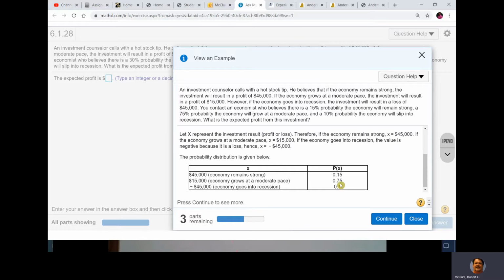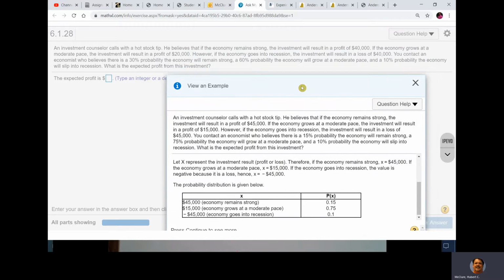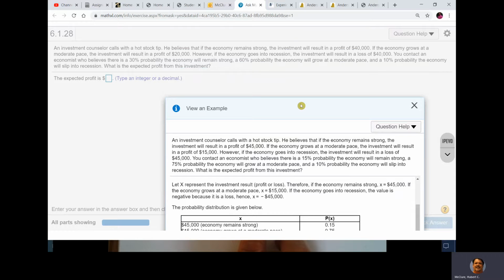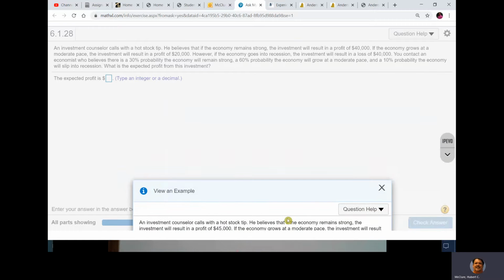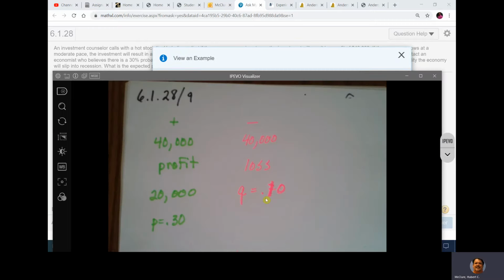So that would be 0.75. Ours is 0.3. And then 10%, that is a loss. So that means moderate, which is blue. We're going to do blue for moderate.